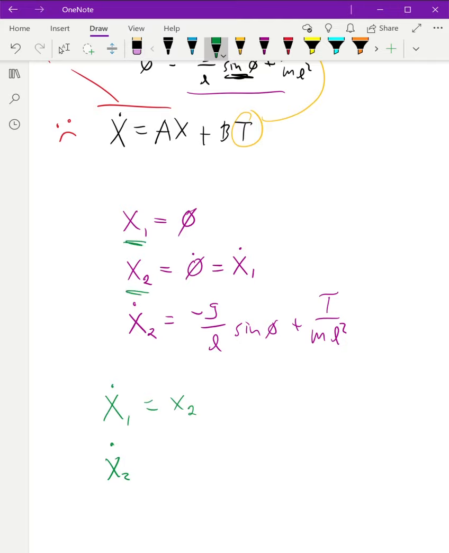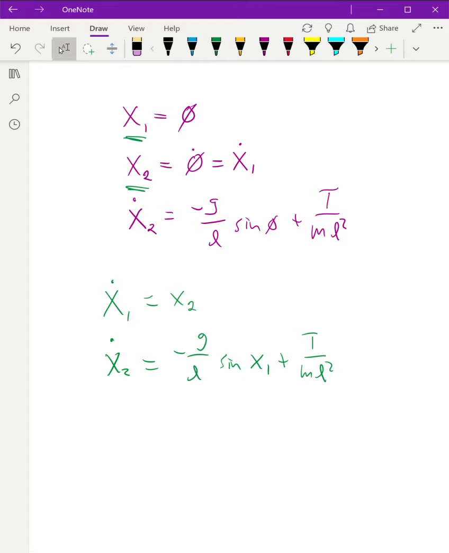So these are your state variables, right? x2 dot is negative g over L sine x1, right? Because x1 is equal to theta, plus T over mL squared. Okay, this is your state space representation.